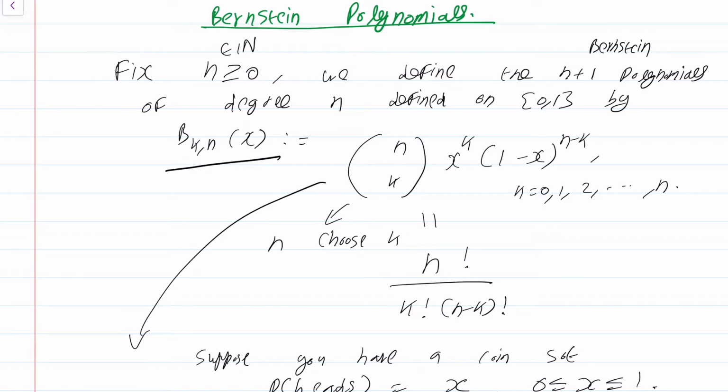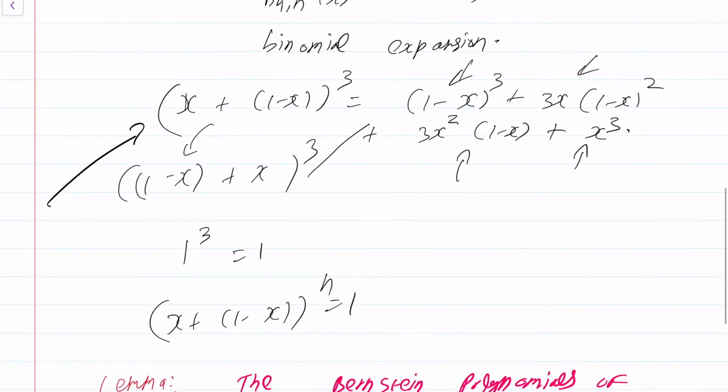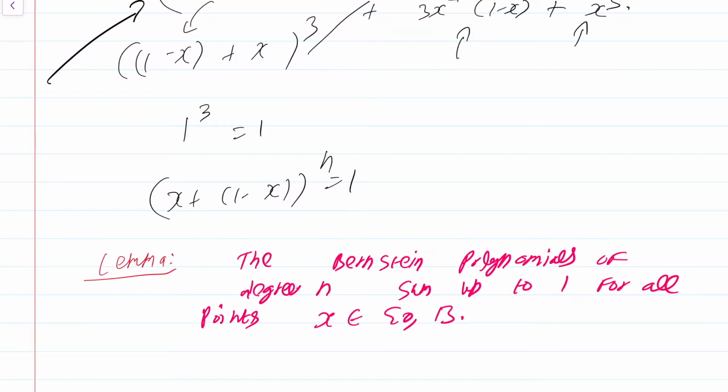One of them is guaranteed to happen. This is just the sum of the probabilities of getting either 0 heads or 1 head or 2 heads and so on. So it should obviously sum up to 1. So the probabilistic interpretation also gives you another way to prove this lemma that the Bernstein polynomials of degree n sum up to 1 for all points x in 0, 1.